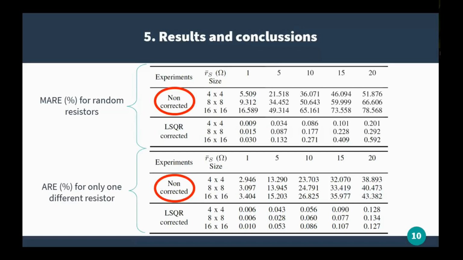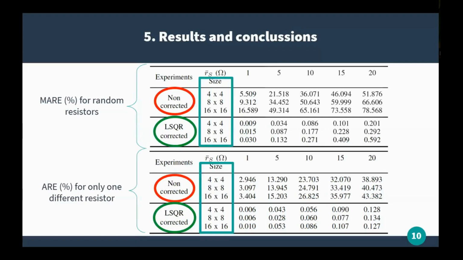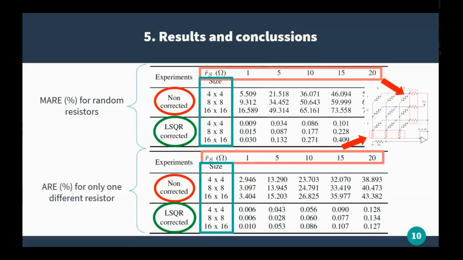This first row would be the error that the original circuit is going to have because of the existence of this switch resistance. And then our corrected case with the least squares algorithm. Different sizes, as I have explained, different values of the switch resistances.